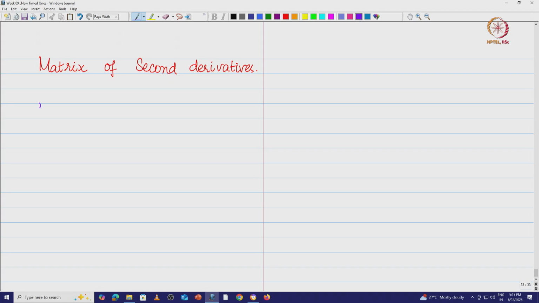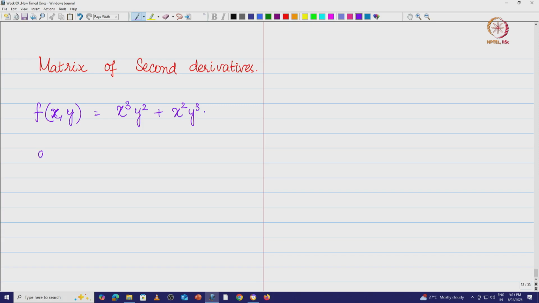Say suppose I have a function f of x comma y is equal to x cube y square plus x squared y cube. I have x cube y squared plus, say, x squared y cube.